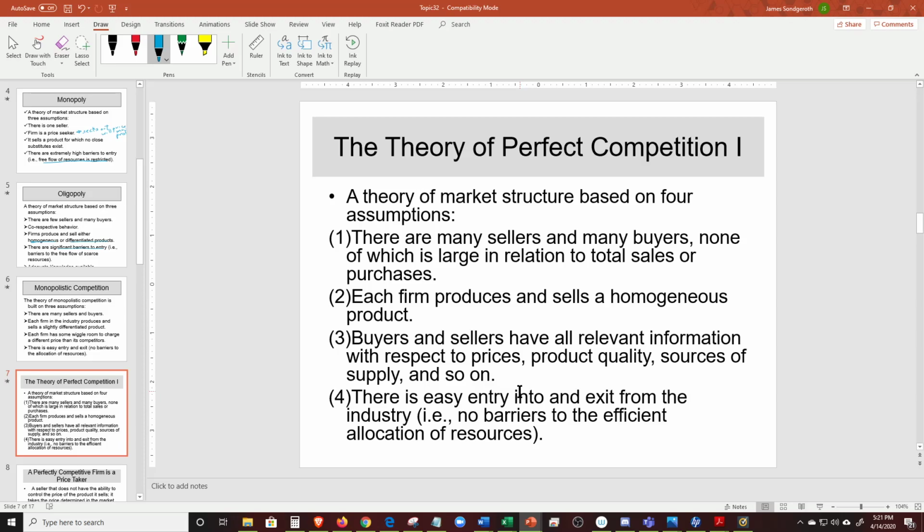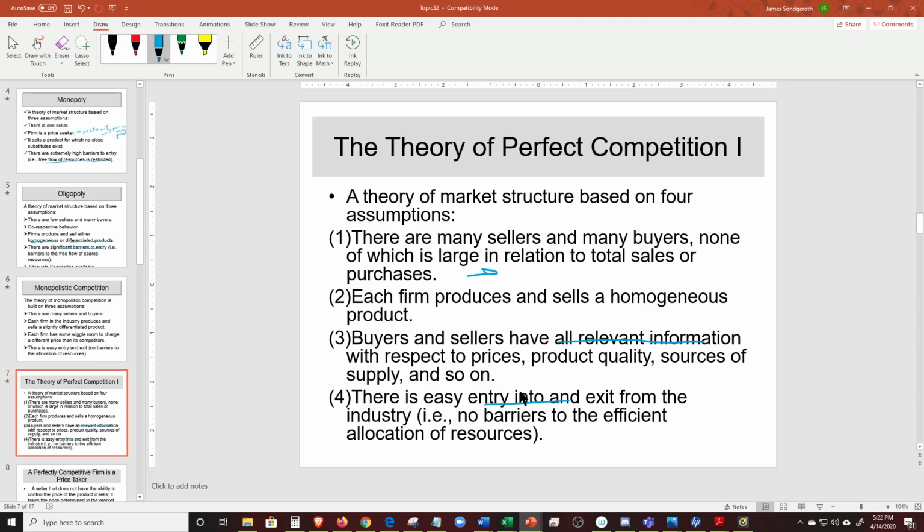Usually these are natural resources, whether they be extraction industries or farmers producing and selling corn or wheat or cotton, or fishermen selling fish. Many firms, the market determines the price. They are price takers. Where does it say that? And buyers have all the relevant information, so adequate knowledge. There's easy entry and exit.